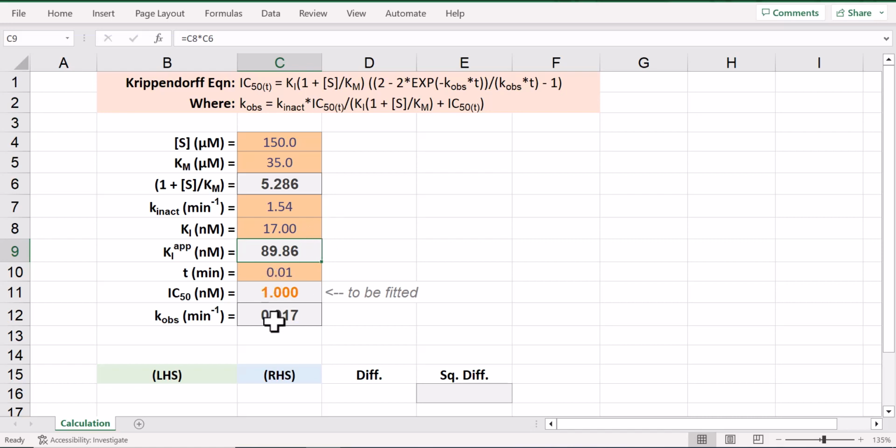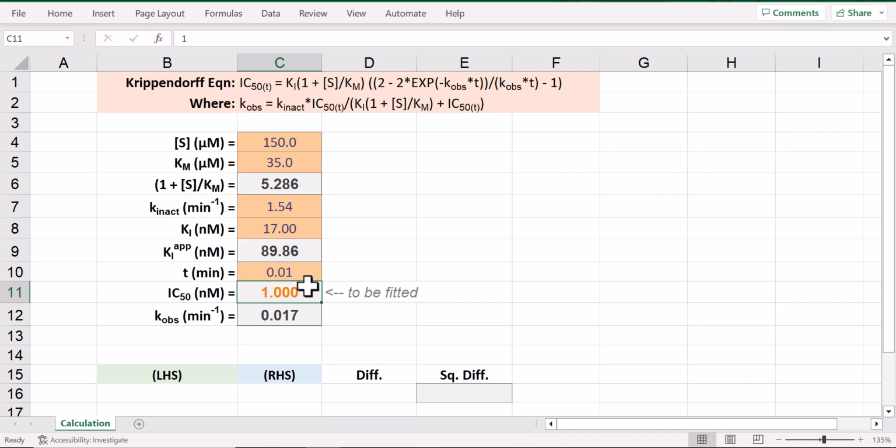Also, K-obs is given by Kinact times inhibitor concentration, in this case IC50, over the Ki apparent plus that concentration. Now in the orange input cells, I've entered the values that we know from this assay and this inhibitor, but the IC50 value that I entered is just an initial estimate that will be replaced upon fitting.